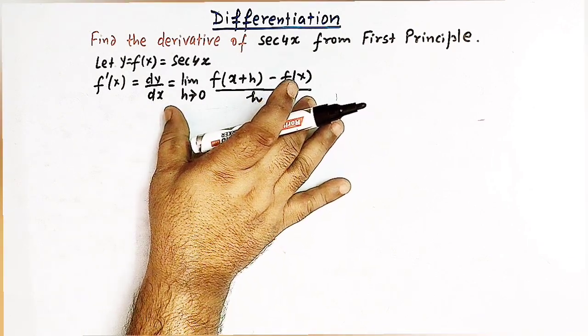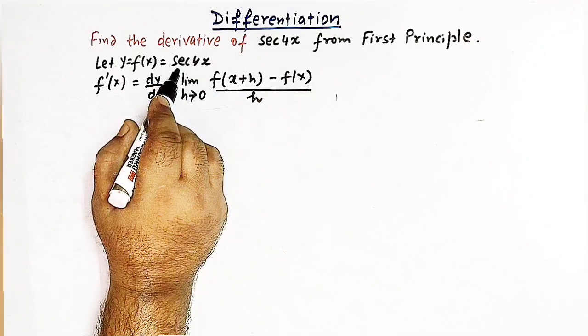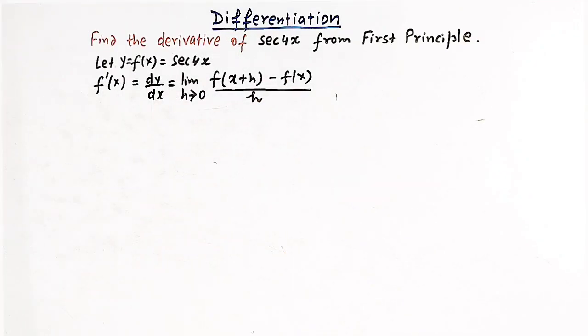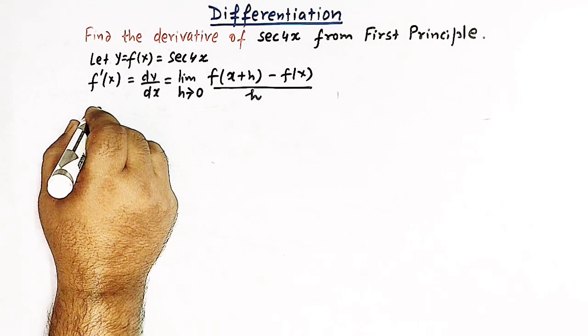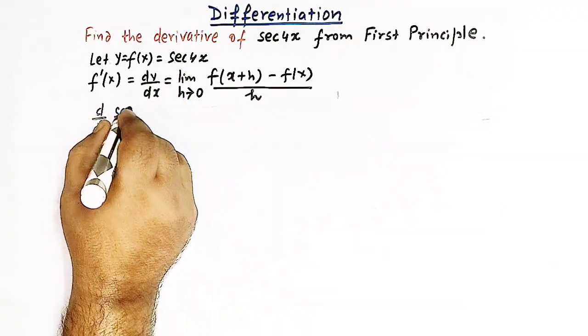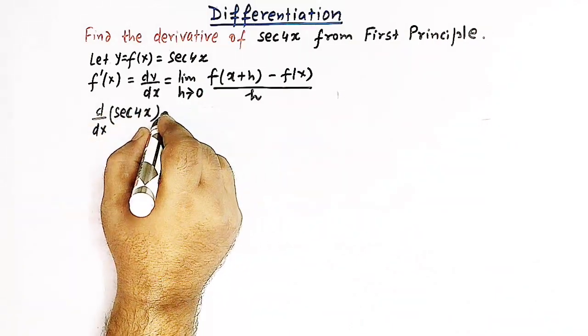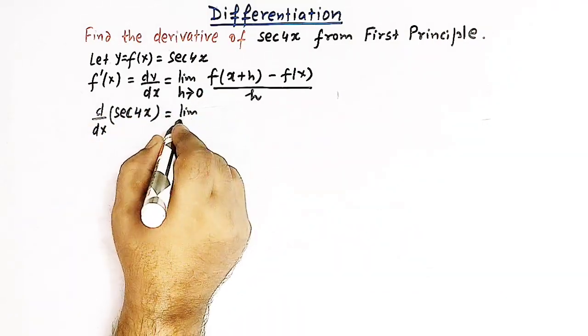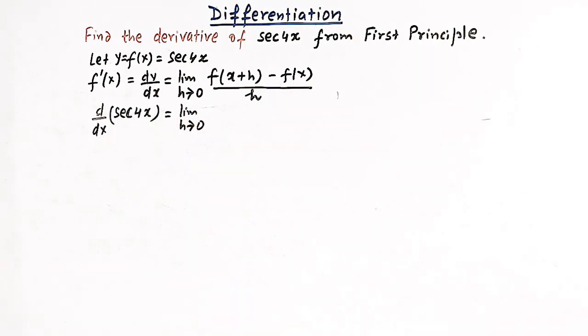So we'll calculate this limit for this function to get the derivative of secant 4x. So we can write the derivative of secant 4x using this limit, that is limit h tends to 0, and remember here this h is infinitesimally very small, right?